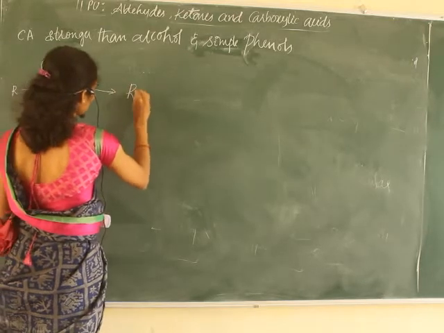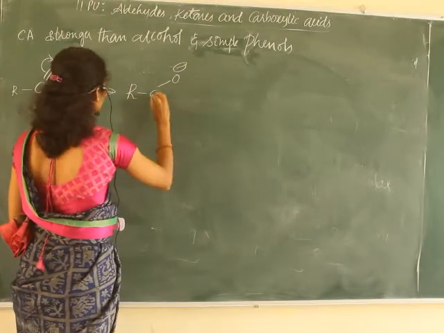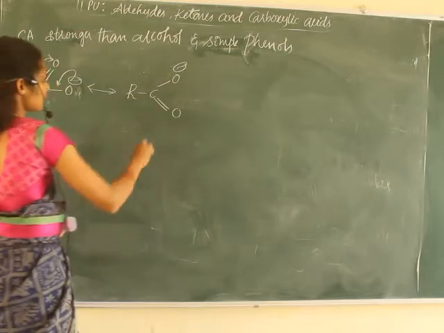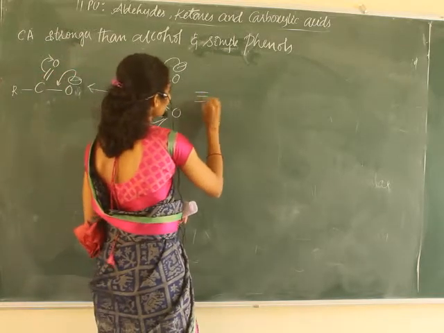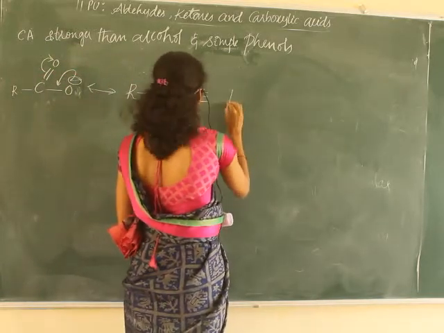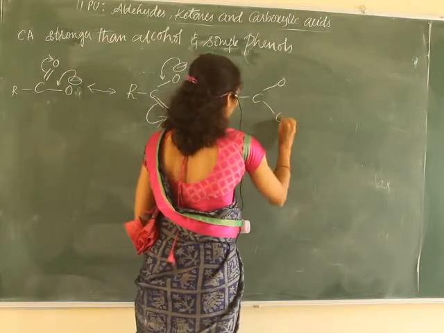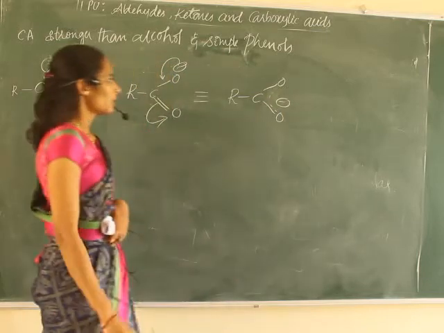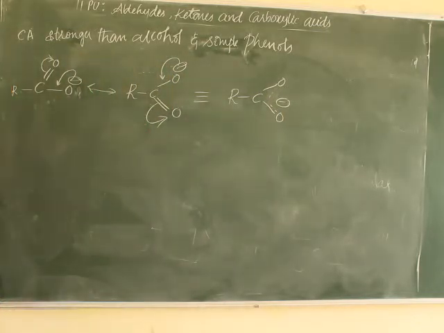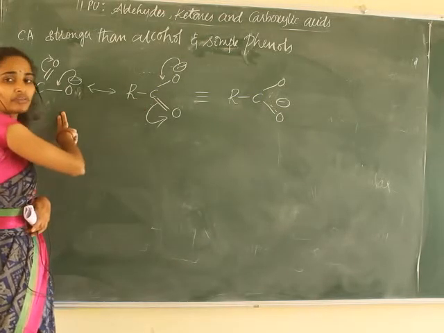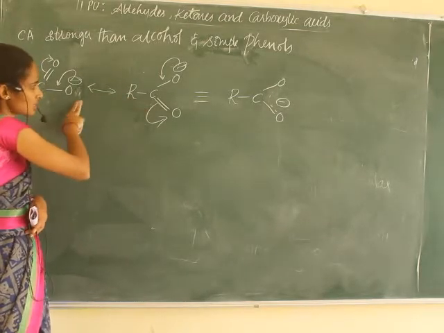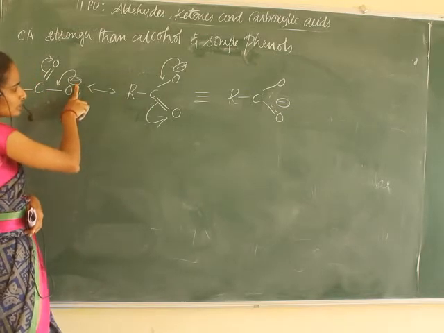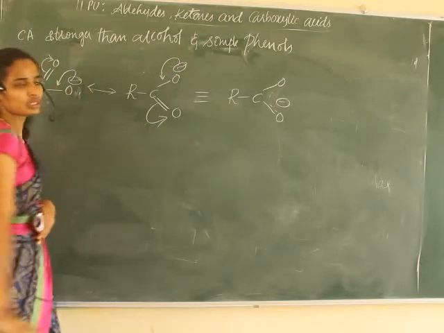Then we get R C O minus with double bond O, and this negative charge is delocalized throughout the carboxyl group, that is R C O O minus. The carboxylate ion formed is resonance stabilized, and we can observe two equivalent resonance structures in which the negative charge is on the more electronegative oxygen atom.